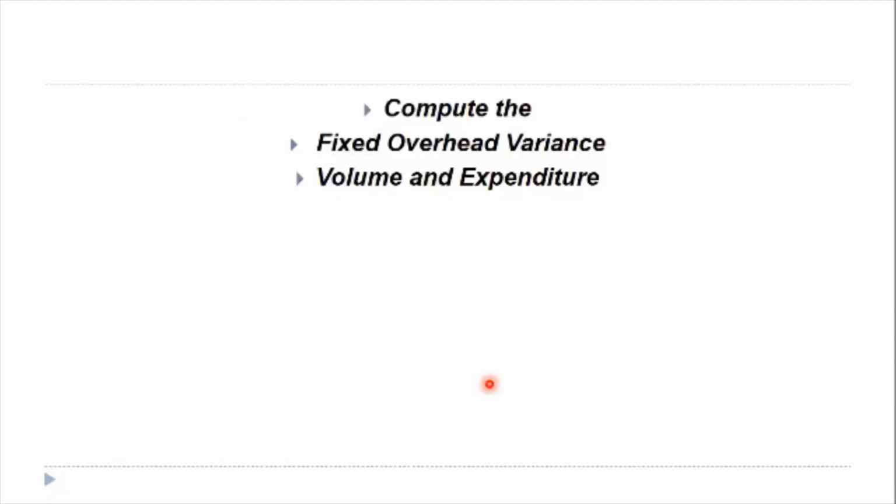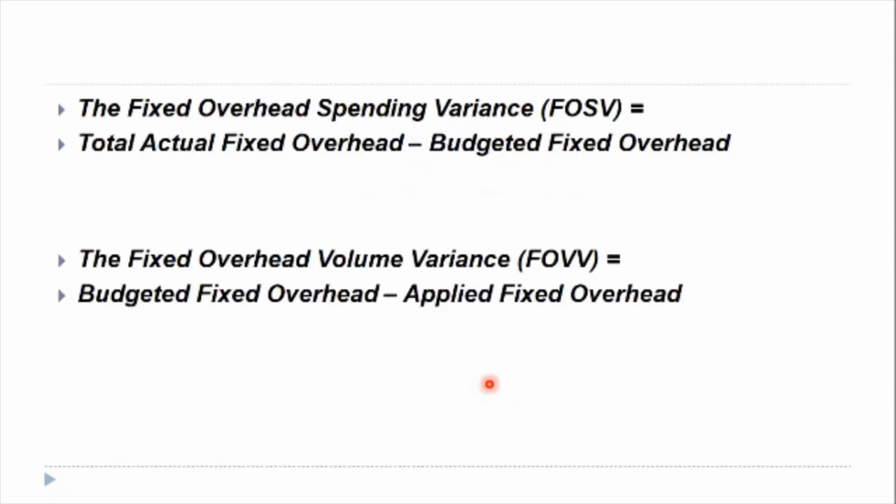The fixed overhead variance has a difference. You can compute the spending variance, how much, and you can compute the volume variance. This one depends on the quantity you produce and sell, and this one depends on the amount that you spend.